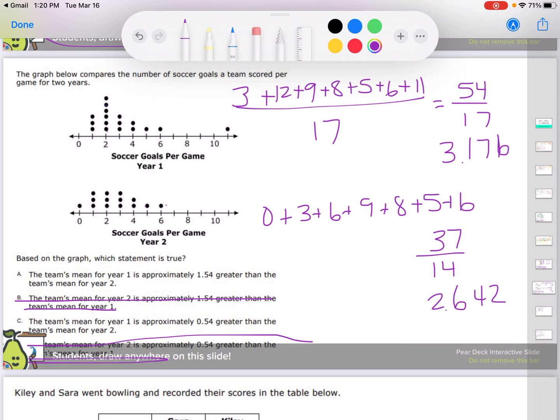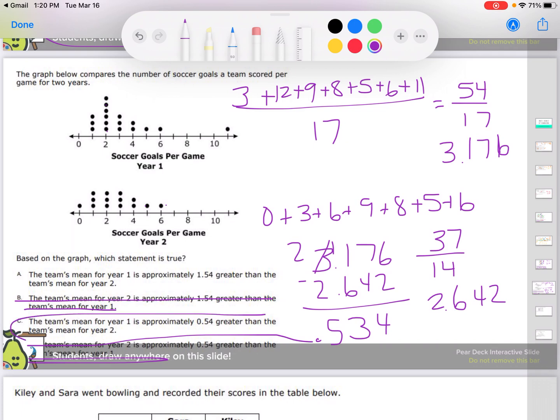So now I have to decide how much greater. So I'm going to subtract 3.176 minus 2.642. So I get 0.534, so I know it has to be C.